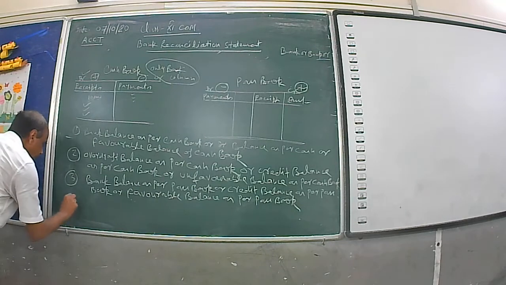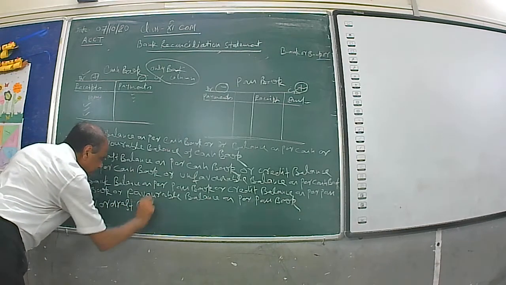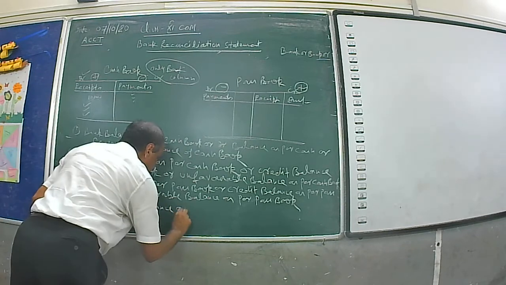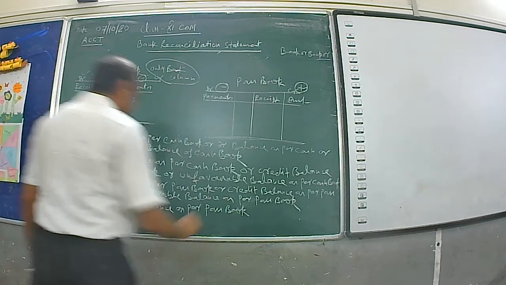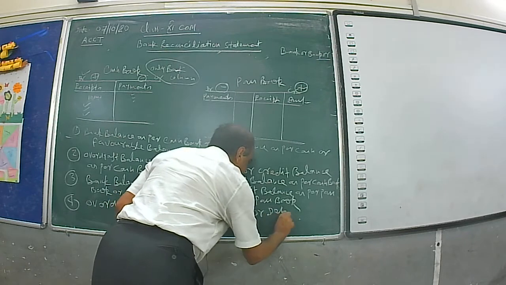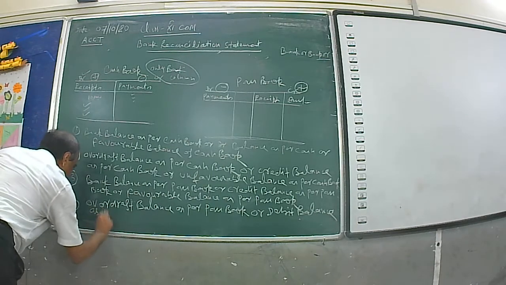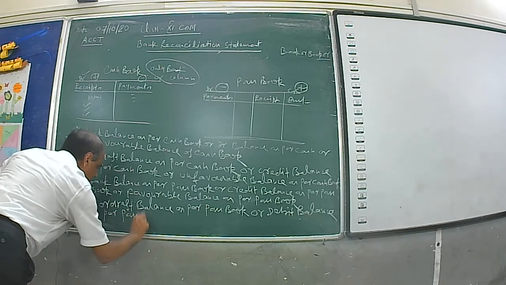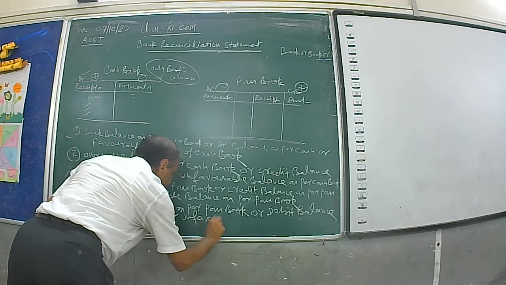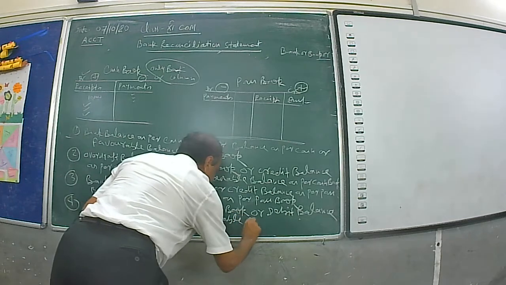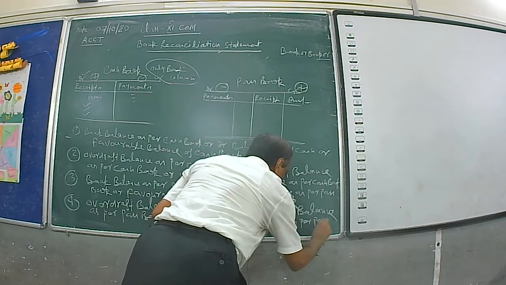Number four and last, overdraft balance as per passbook, or debit balance as per passbook, or you may write unfavorable balance as per passbook.